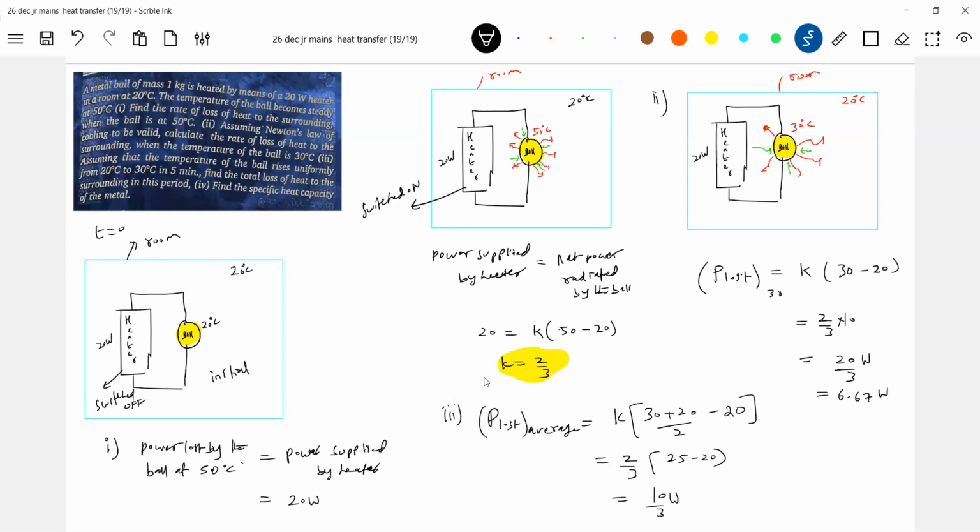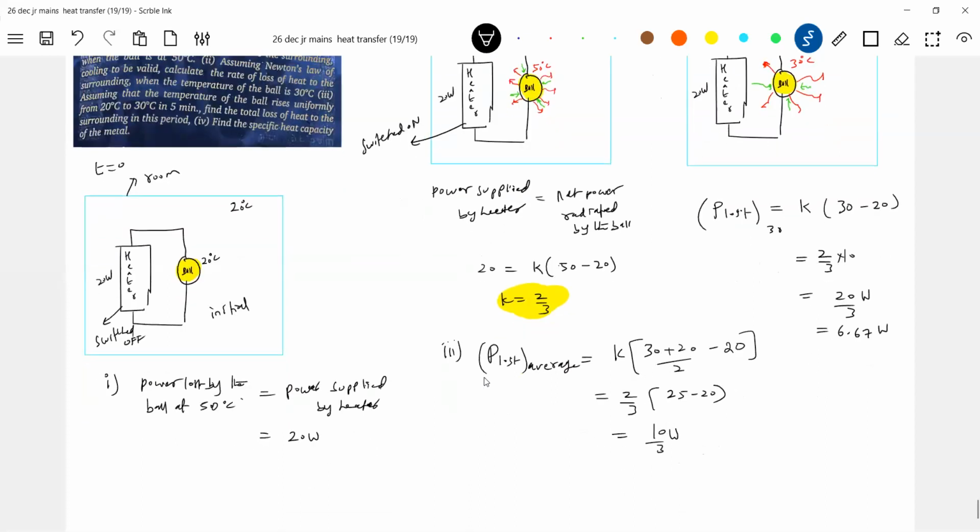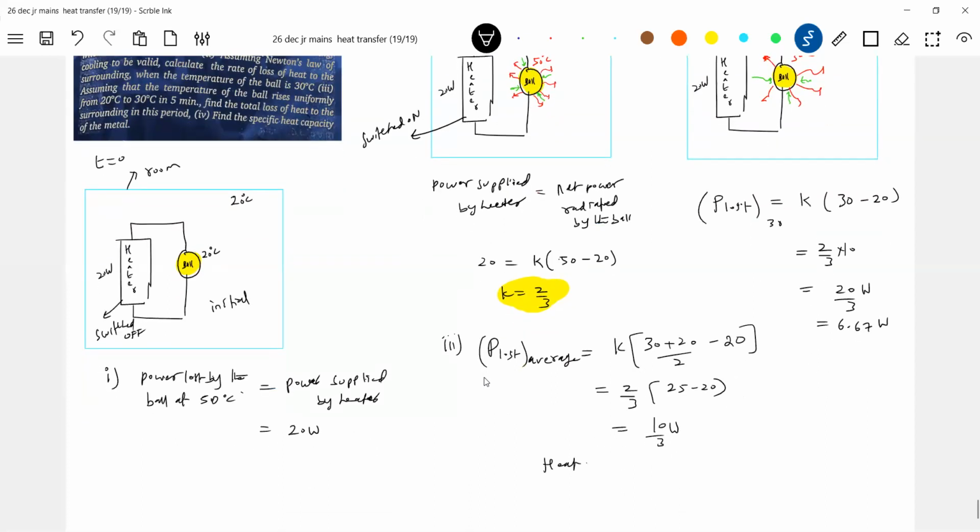So if this is 10 by 3, heat radiated is what in 5 minutes? So what shall we do? So the total heat radiated Q is equal to power into time, P lost average into time.